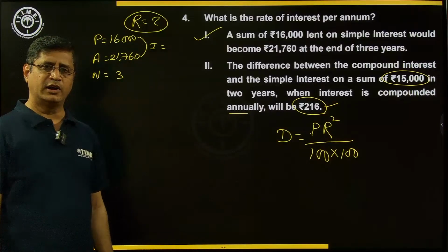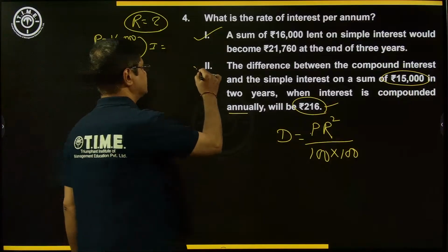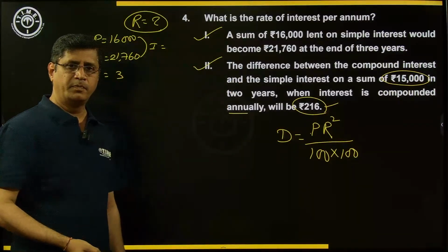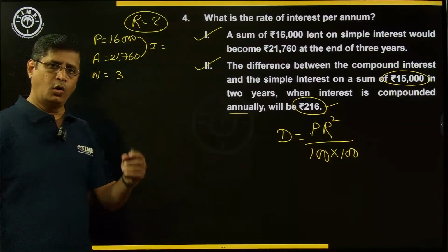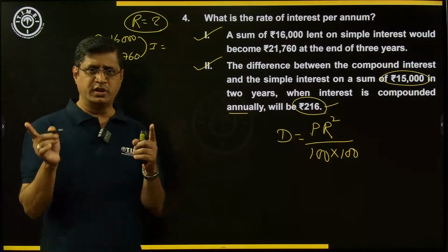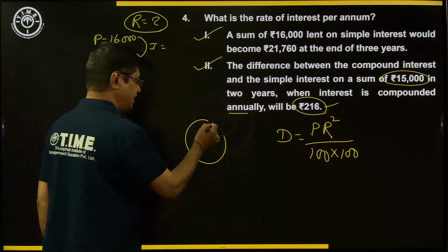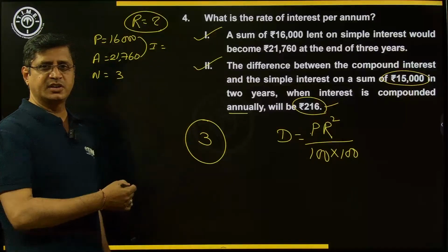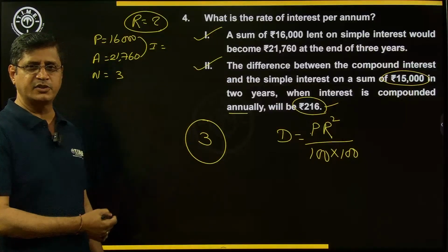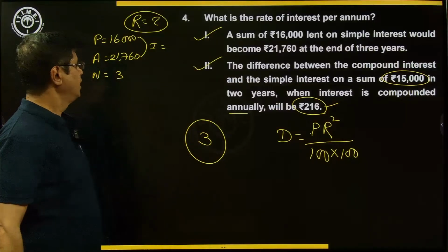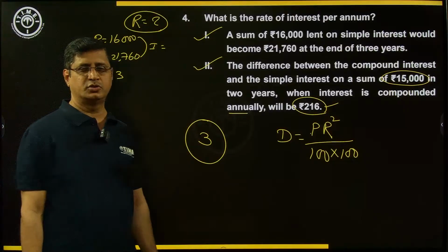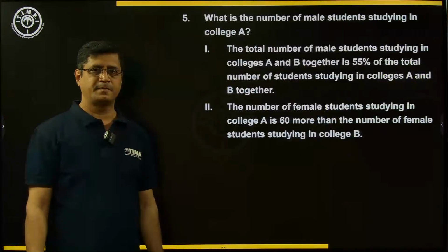Simplify, it will give the value of R. Means second is also sufficient to answer. 1 is sufficient, 2 is also sufficient. What it means? Either 1 or 2 means each of the statements is sufficient to answer. The right choice, option number 3. Third choice is the right answer.